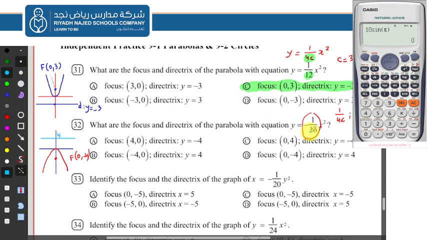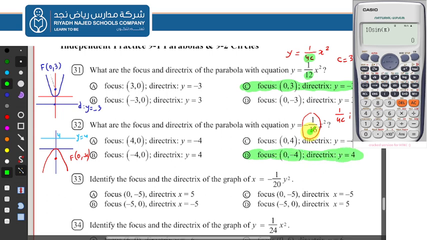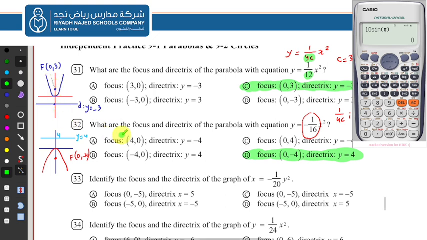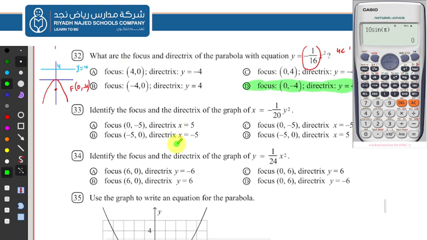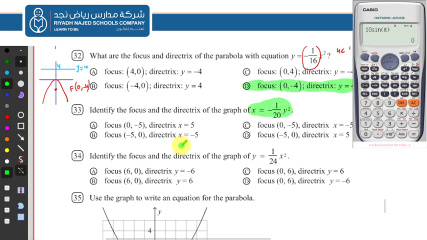It intersects the y-axis, so y equals 4. So the focus is 0, negative 4, and the directrix y equals 4, which is answer D. You see, it's very similar. And now question 33 is a horizontal parabola, because the equation here is x equals, not y equals. So this is horizontal.